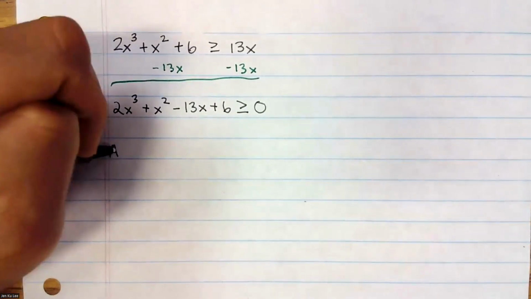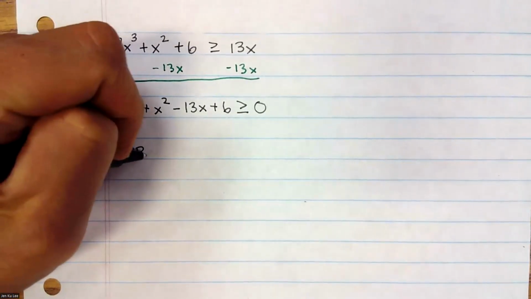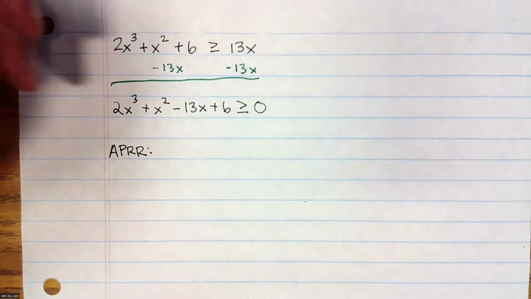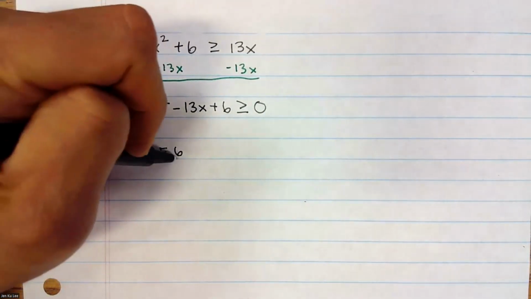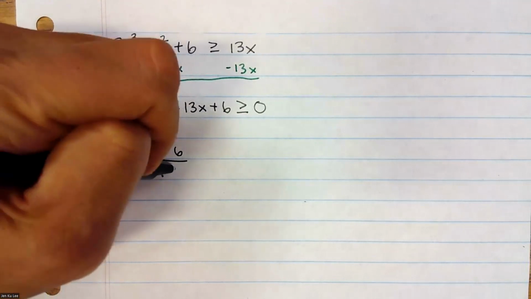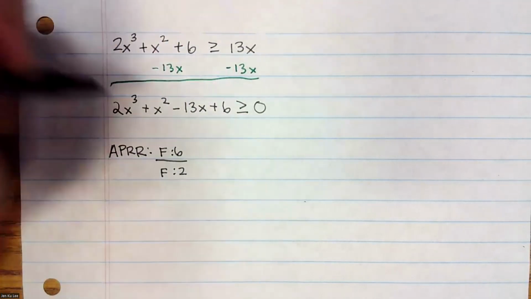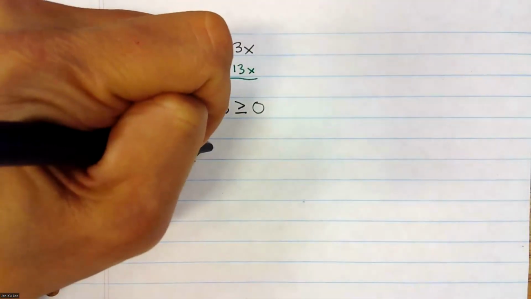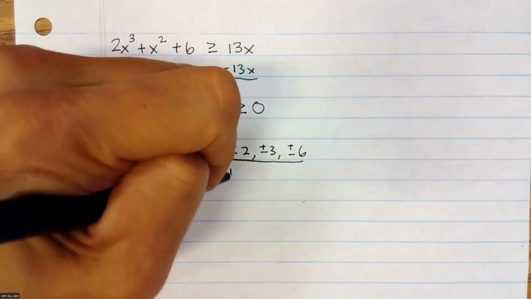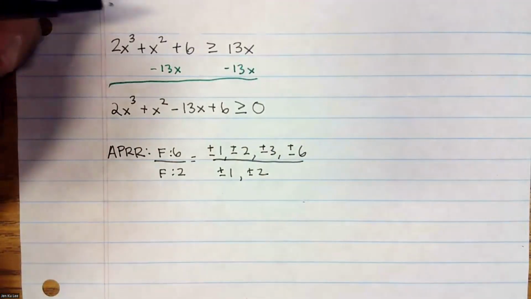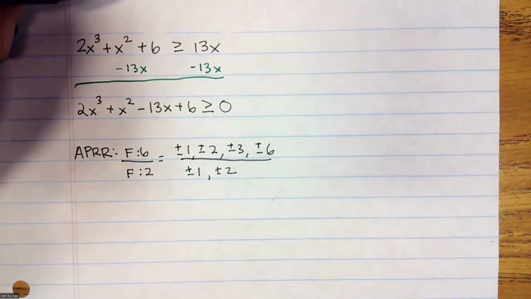And here we would just solve it normally, how we would in previous sections, right? We've got to find our APRR, all possible rational roots. It's going to be the factors of 6 over the factors of 2. The factors of 6 are plus or minus 1, 2, 3, and 6 over plus or minus 1 and 2.